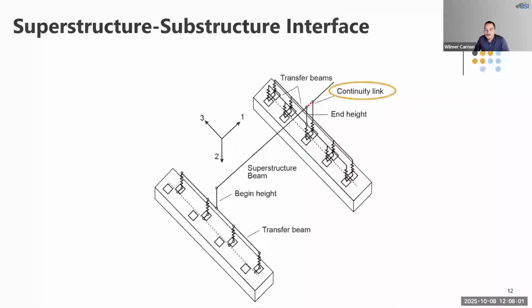Now, if you have two rows of bearings and the span is continuous on top of a pier, then you can model the third intermediate element, which is the continuity link, which adds an element that connects two adjacent spans together. That can be very useful in some scenarios, for example, if you have a continuous deck slab, you can assign properties to that continuity link to match the properties of just that continuous deck slab cross-section.